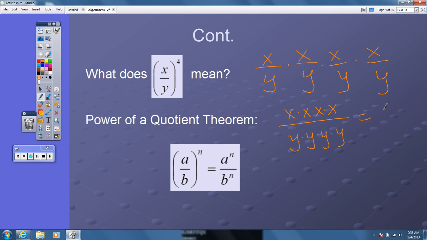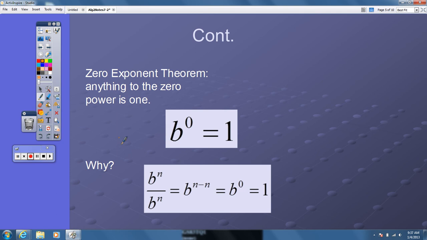And that gives me x to the fourth over y to the fourth. Same thing as before, really. If you have a quotient or a fraction and it is raised to some power, n, you can distribute again, but you need to take the top to that power and the bottom to that power. The parentheses are going to be a big sign that you will be doing some distributing, like I call it.